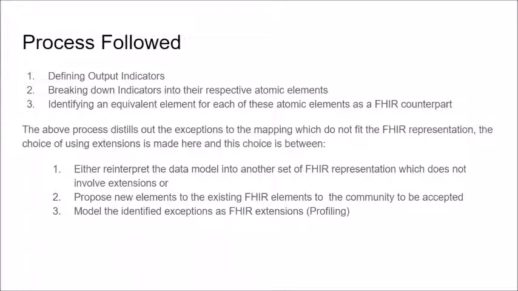Since it's a global standard, you can propose that we need this new field in this element, and it goes through the community guideline process. But that takes a lot of time, and there's no guarantee that those will be accepted or not.